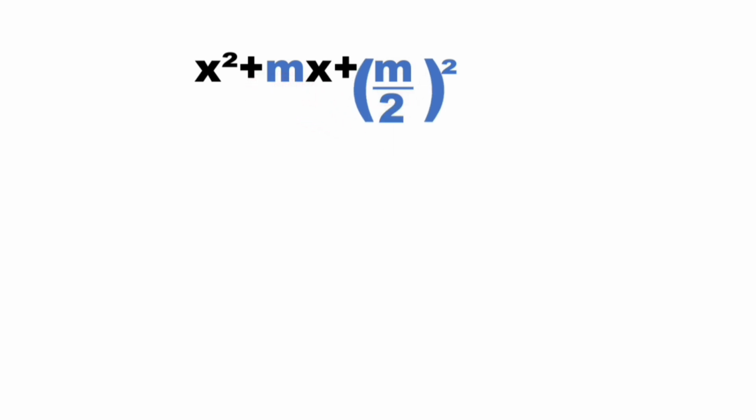So this presumes that your first term, x squared, must have the coefficient of 1. So a must be 1. So we don't have 2a here, but only 2, because a is 1.